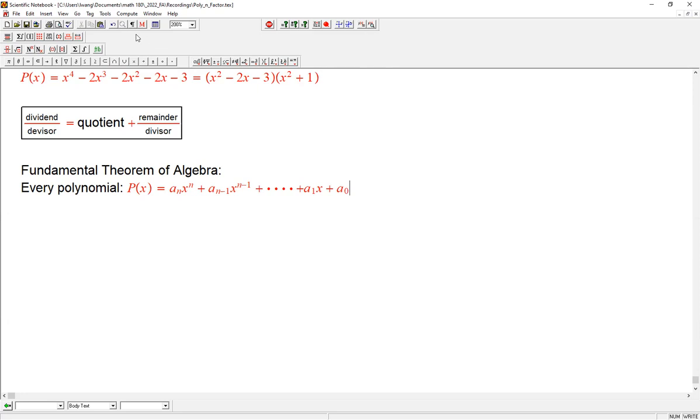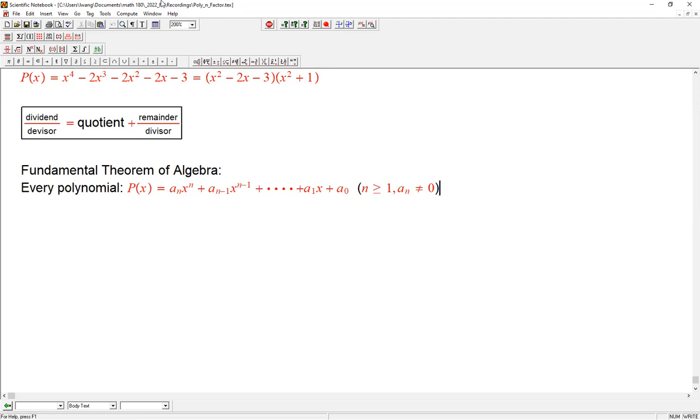Here we have a very basic requirement, which is n is greater than or equal to 1, so it's not a constant, and the leading coefficient is not 0, to guarantee that the degree is at least 1.